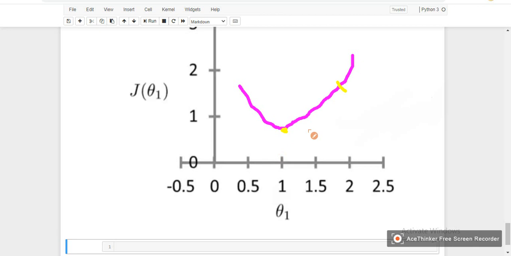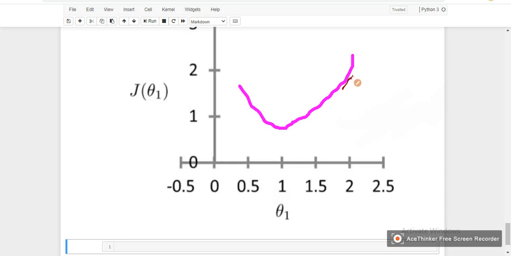But how does this model do this? It uses the concept of gradient descent. In gradient descent, what basically happens is it calculates the gradient, or what we call the derivative, of this cost function over here where we initialize theta.